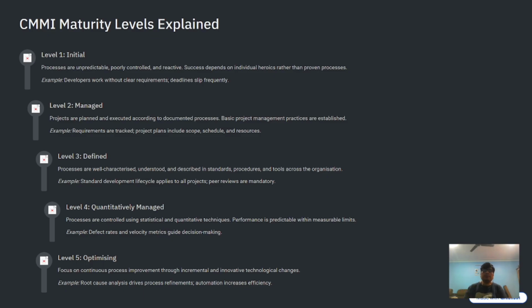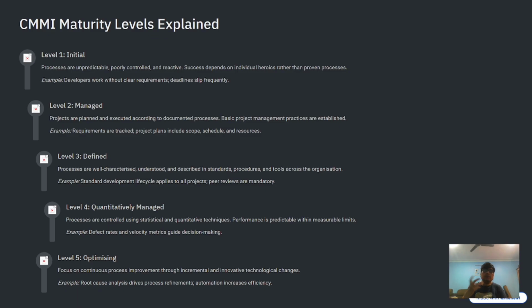So these kinds of innovations and the predictability come into the optimization level 5 of the CMMI maturity model. Let's take an example here: root cause analysis drives the process refinements and automations, which increase efficiency.